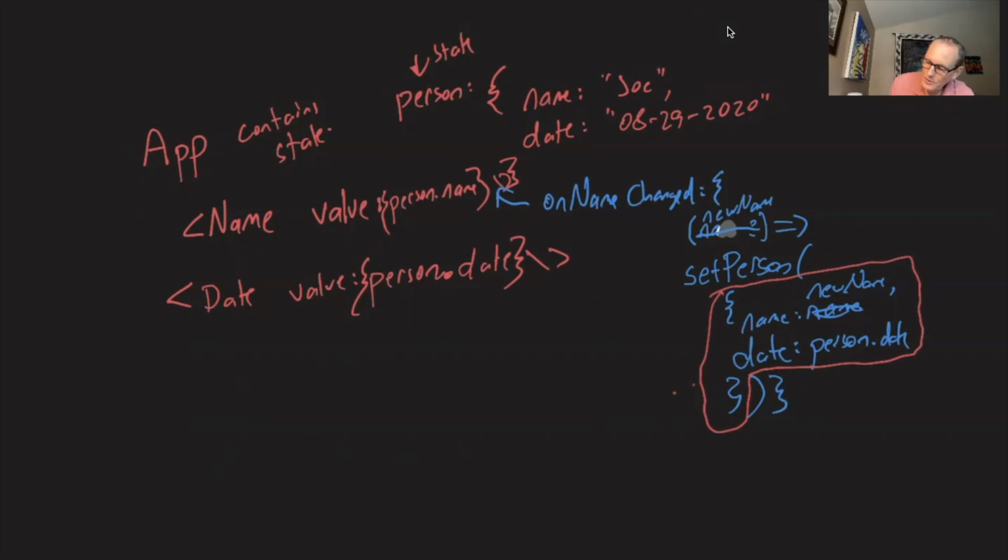So an alternate approach we could do here is to use the spread syntax. So we could say ...person, and then so that would basically fill in all the fields from the person into this particular new object, and then we could just sort of override the name field.